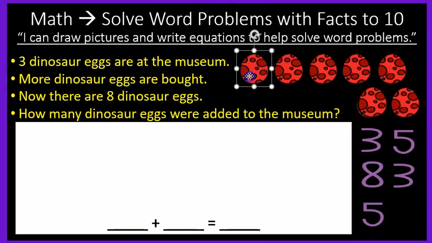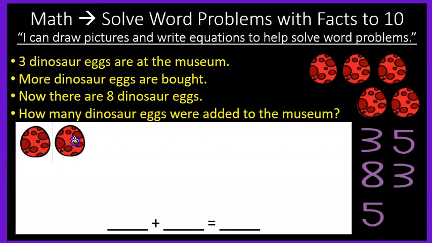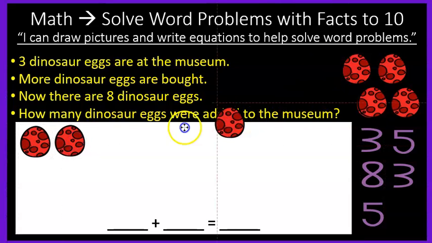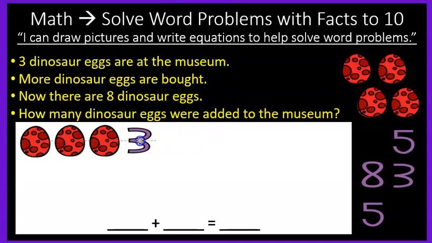So watch, the first thing we have to do is get 3 dinosaur eggs here. That's what it's telling you, okay? Now we have 3 dinosaur eggs there. What we're going to have to do now is put number 3 here. Because there's 1, 2, 3. 3 dinosaur eggs there.